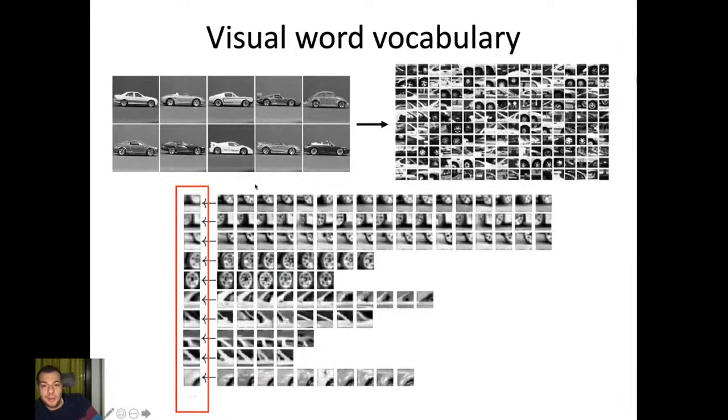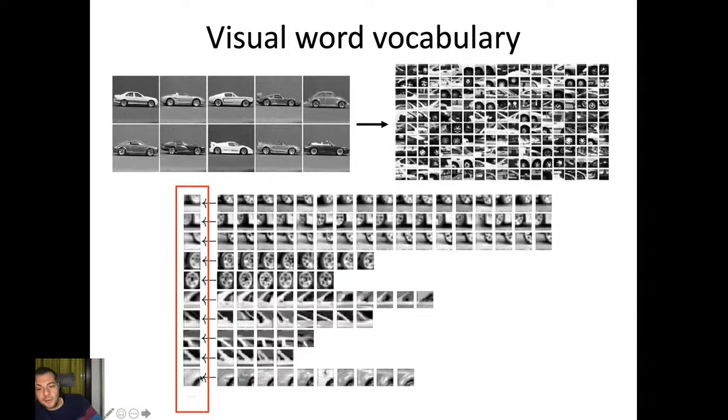So as I explained before, I showed you that you can obtain the average of these image patches. So this can be represented as vectors, and when you compute the average of these vectors, you obtain this centroid that represents this cluster of patches.